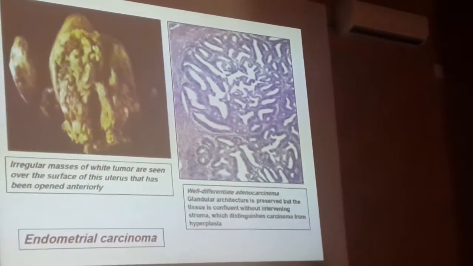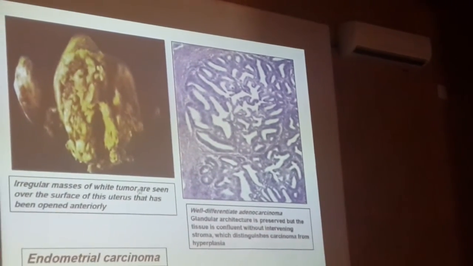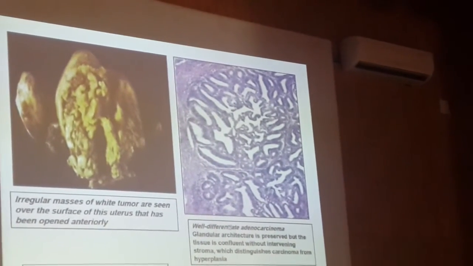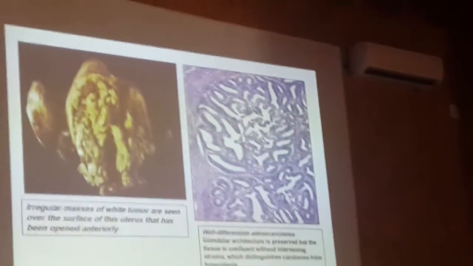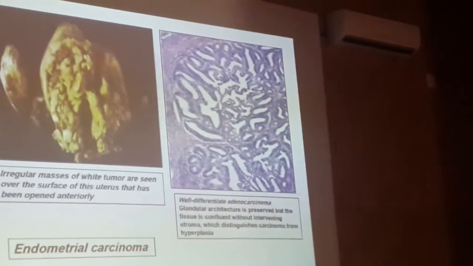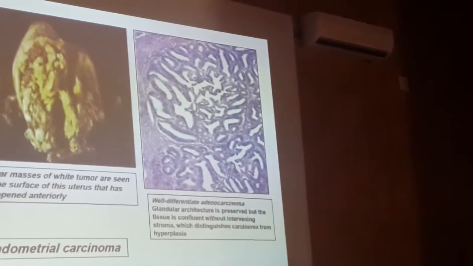So look, a big irregular mass projecting into the lumen of the uterus. And what you will find here is well differentiated adenocarcinoma, you can find the glands. But sometimes, if it is poorly differentiated, you will not be able to find the glands; you will only find solid sheets of cells running here and there.